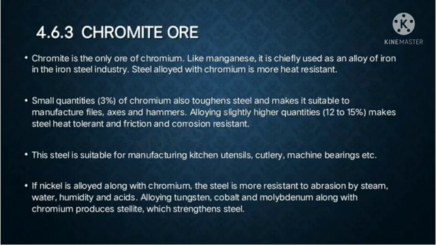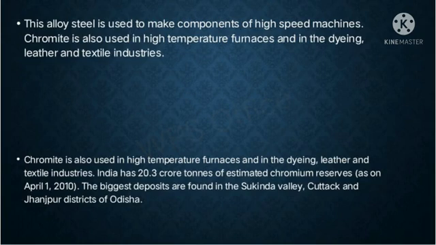Alloying tungsten, cobalt, and molybdenum along with chromium produces stellite, which strengthens steels. This alloy steel is used to make components of high-speed machines.